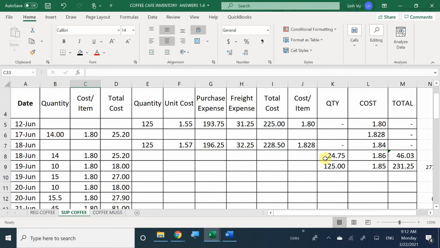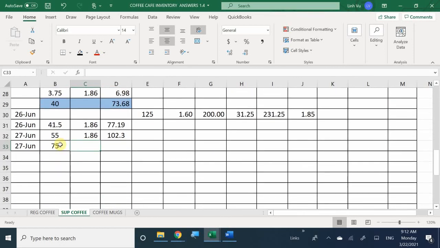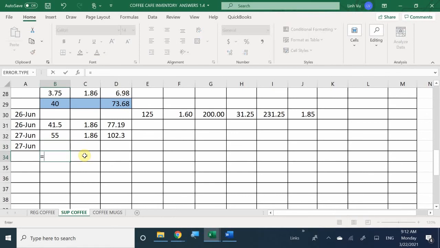From both, yes, but we have to split it because we don't have enough in the first batch. So I need to get a total of 75. If I have 24.75 in my first batch, how many more do I need to get? 50.25.